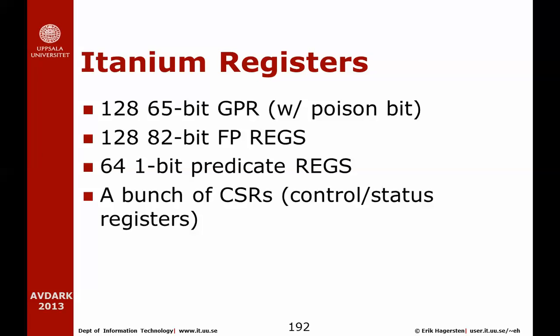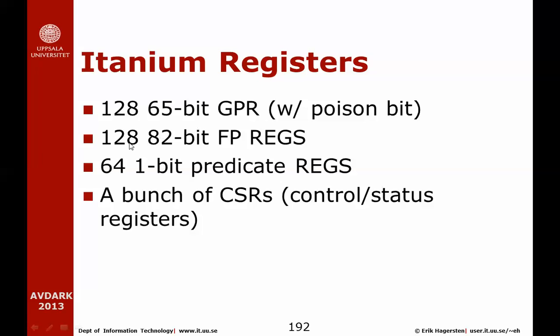So the Itanium, Itanium 1 I should say, has a large number of registers supported. So it has 128 general purpose registers, and these are 65-bit registers because they have this extra poison bit implemented.